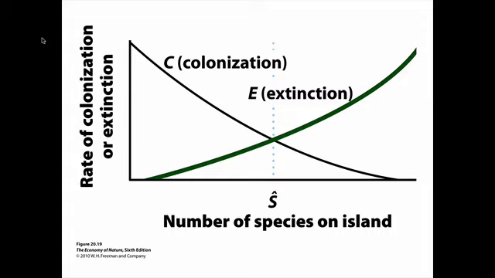So now consider if we have 10 species on the island, they're dividing up the resources. Each individual of those species experiences both inter and intraspecific competition and gets fewer resources than if it was the only species on the island.